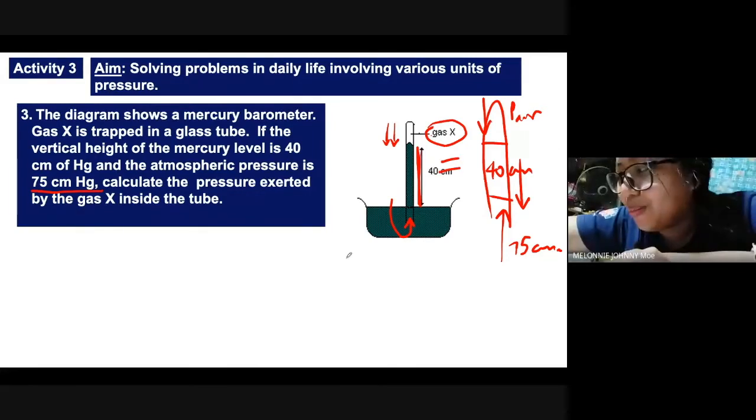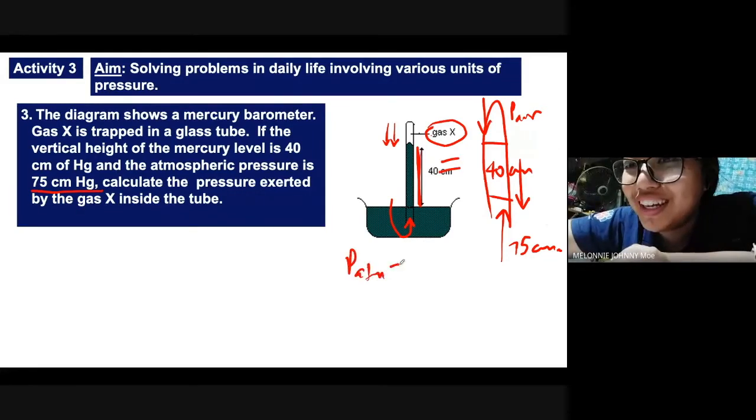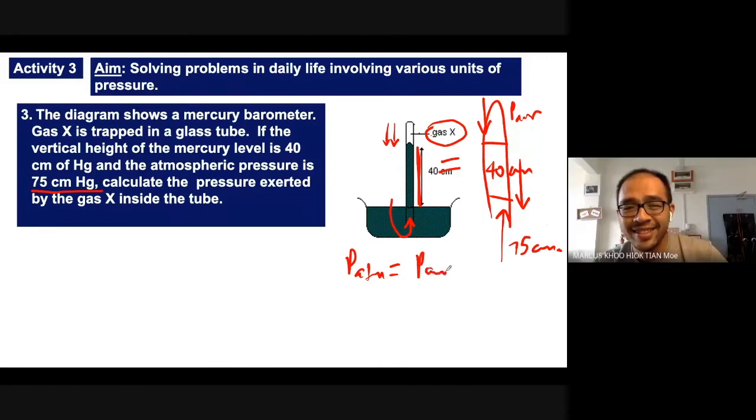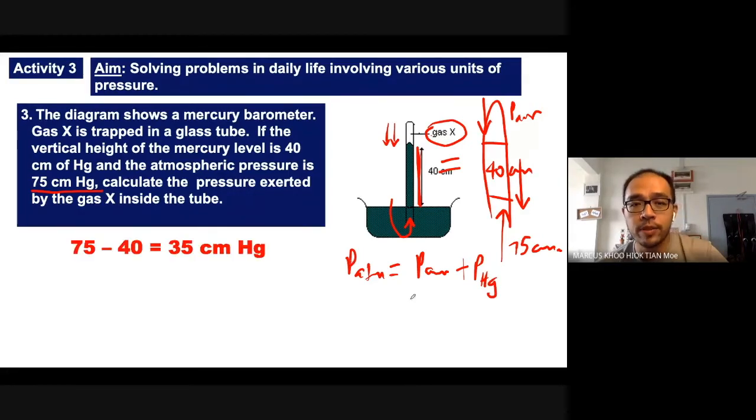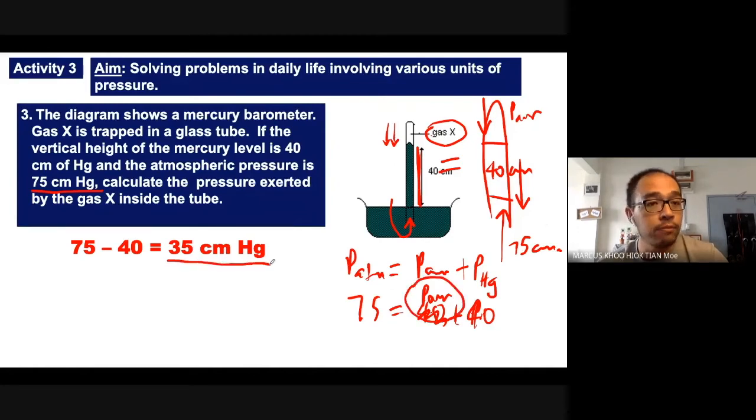P atm equals P air plus P Hg. Since P atm is 75 and P Hg is 40, you can get the value of the pressure of the air, which is 35 centimeter mercury.